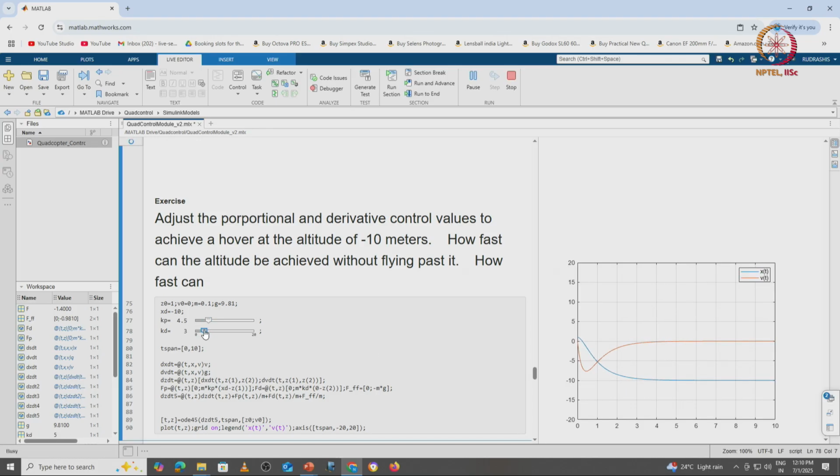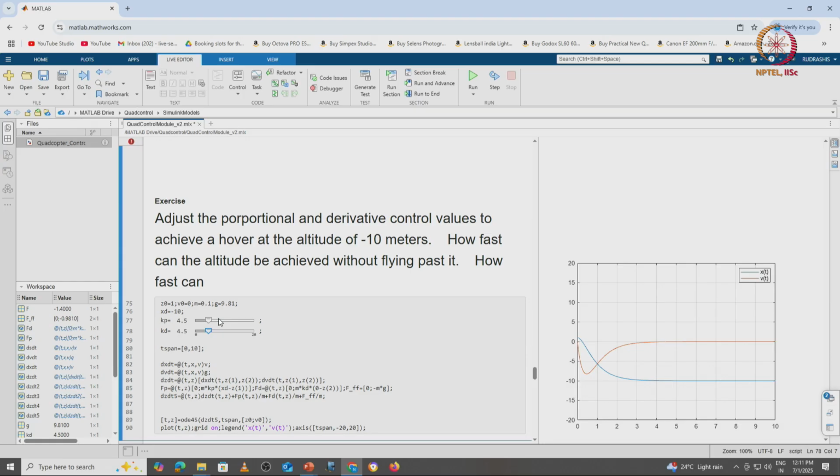Kd will reduce oscillation. If Kd becomes smaller, I see an oscillation. If I adjust my Kd, you see there is no oscillation now. So your proportional gain affects the response time. If Kd becomes smaller, you start getting oscillation. And if Kd is too high, sensor noise will come into the picture and the system responds to the sensor noise.